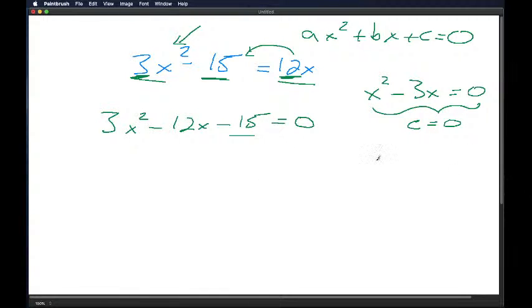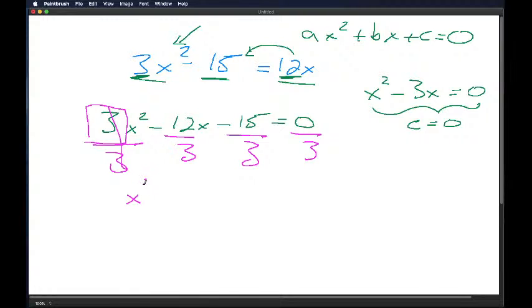The next thing I'm going to do, Ollie, to make this simpler is I don't like having numbers in front of my x squared. That's really ugly. I like 1. So if I divide this by 3, divide this by 3, and divide this by 3, and technically we divide the 0 by 3, then we get rid of all this ugly 3 in front. So I'll have x squared, and of course 12 divided by 3 is negative 4x. Negative 15 divided by 3 is negative 5.